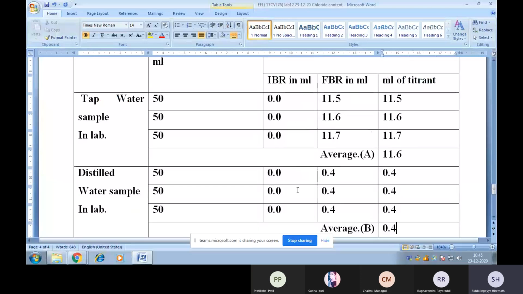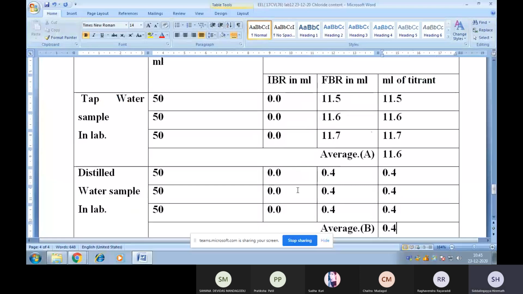That is 11.6 minus 0.4 is 11.2, into 0.014, into 35.45, into 1000, divided by 50.